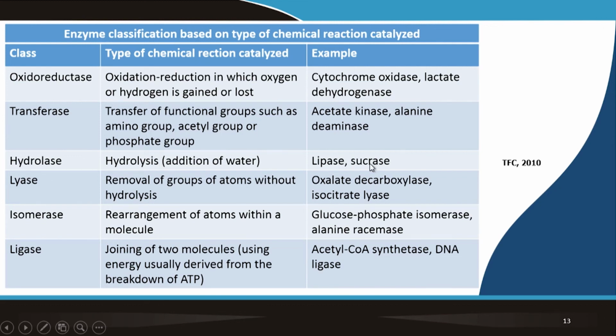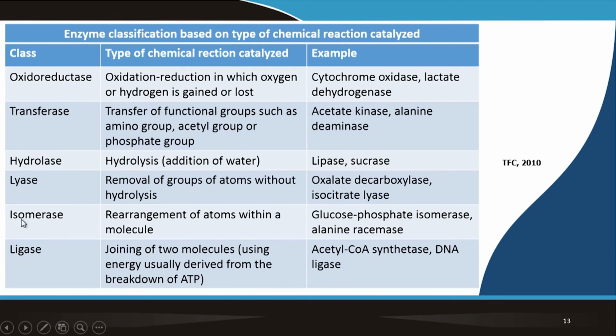So you have lipase, sucrase, and so on. Then you have lyase. Lyases are groups of enzymes that are responsible for the removal of different atoms without hydrolysis as part of the reaction. So you have oxalate decarboxylase and isocitrate lyase.